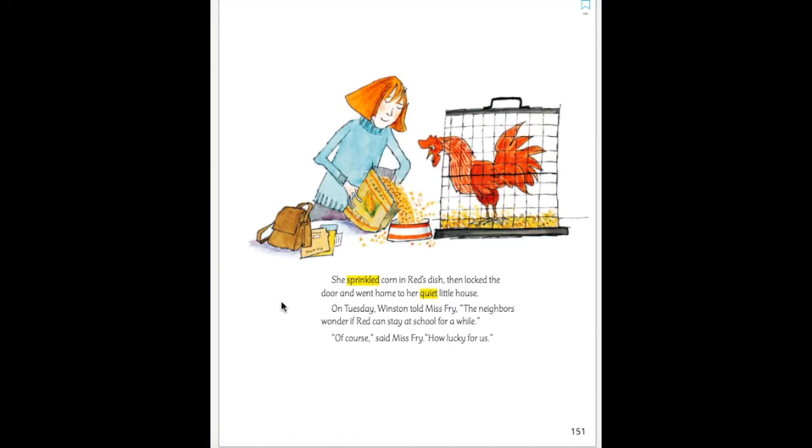She fed the rooster. She's also allowing Red the rooster to stay in the classroom. What do you think this shows? Do you think this shows that she cares about animals? I do.